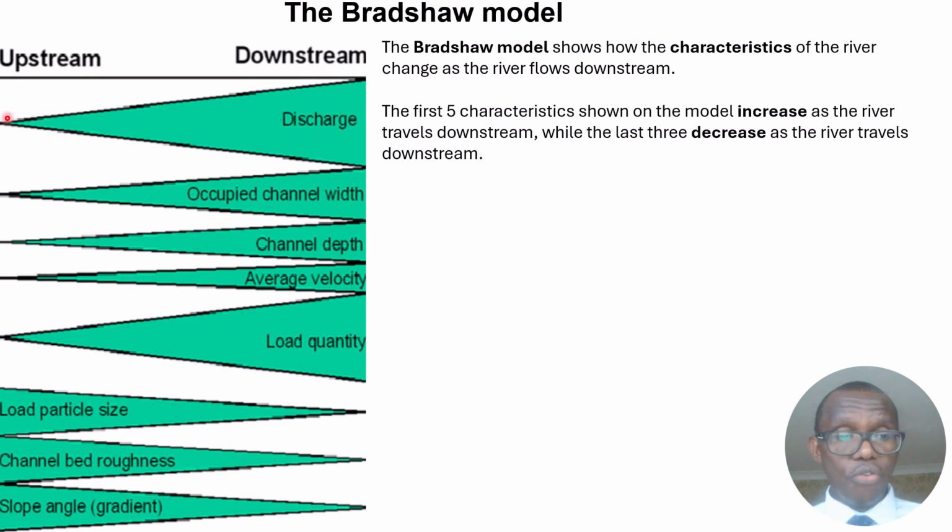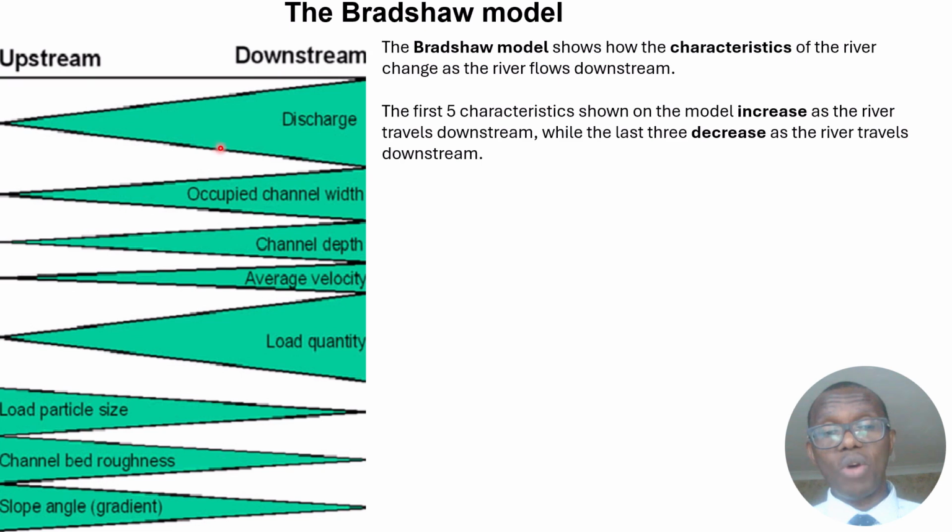So if you look from this end here, this is increasing, and we are referring here to the discharge of a river. And the discharge of a river refers to the amount of water that river is carrying. So that means that the amount of water in the river will increase as it flows downstream.